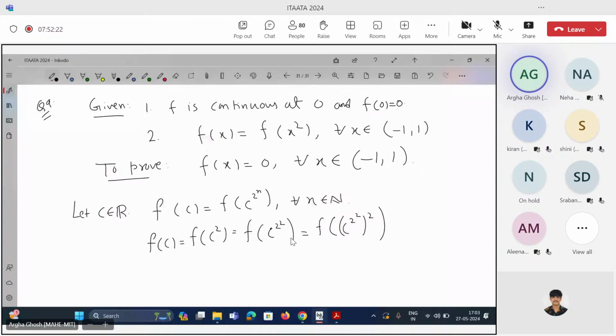Something is not right. Yeah, it's fine, correct. Yeah, sorry. Again, that's the same thing. Anyway, you can write the real number.